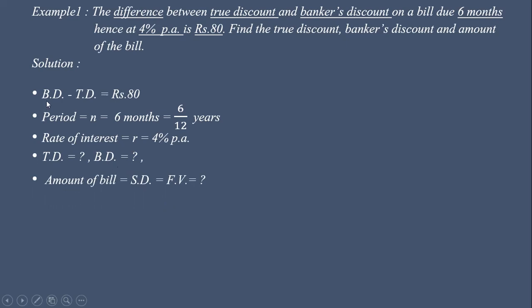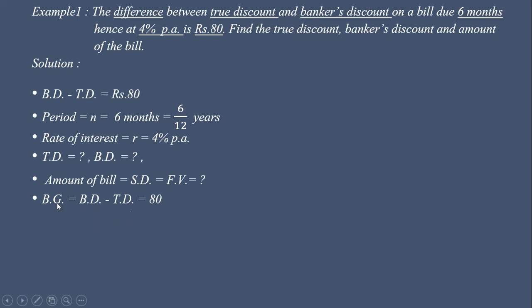Now we want to find true discount, banker's discount and amount of the bill. Here the difference between banker's discount and true discount is given, it is rupees 80. But we know banker's discount minus true discount is known as banker's gain. So banker's gain is given. Banker's gain BG is equal to BD minus TD. It is equal to rupees 80. We want to find BD and TD.